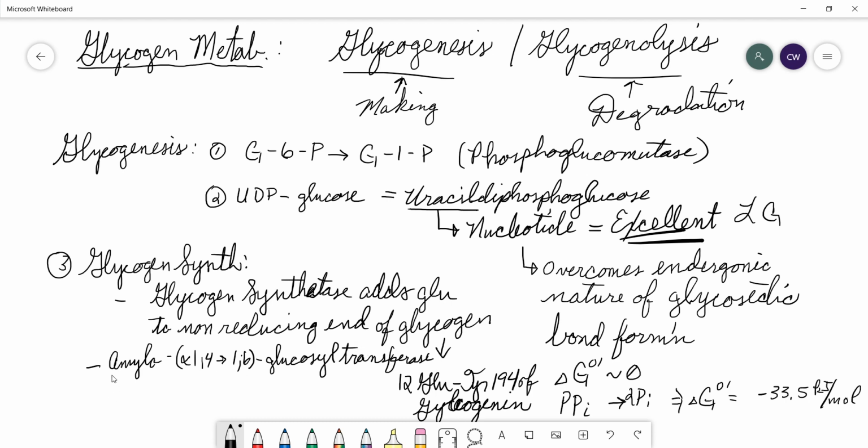Okay, and this enzyme is responsible for the alpha 1,6 branching we observe in glycogen molecules. Okay?